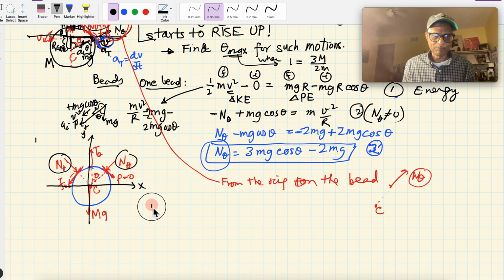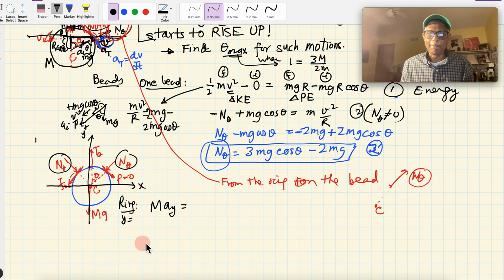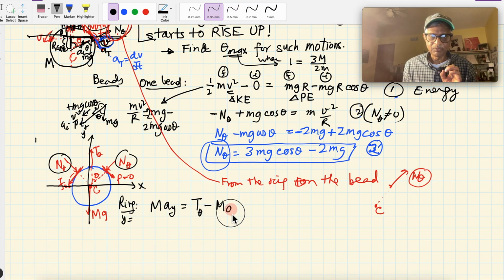So M a_y for the ring. This is the ring's equation of motion for y. So this is the y equation. That should be equal to T of theta minus Mg and 2 of these guys.